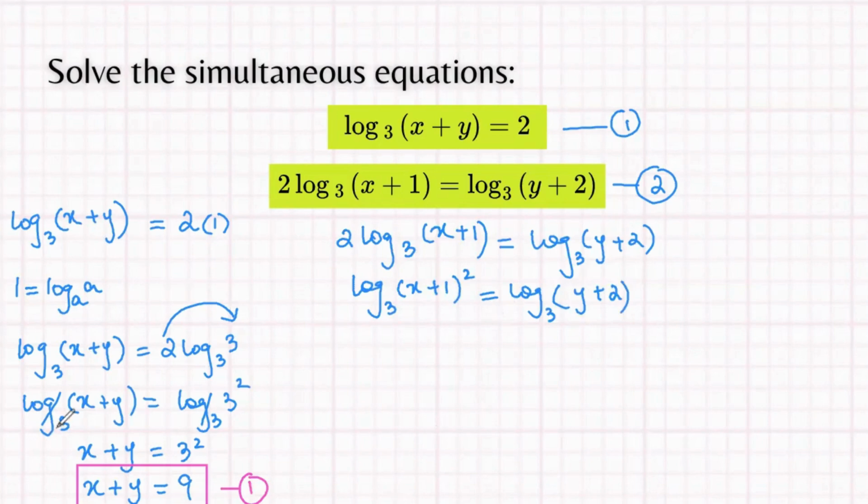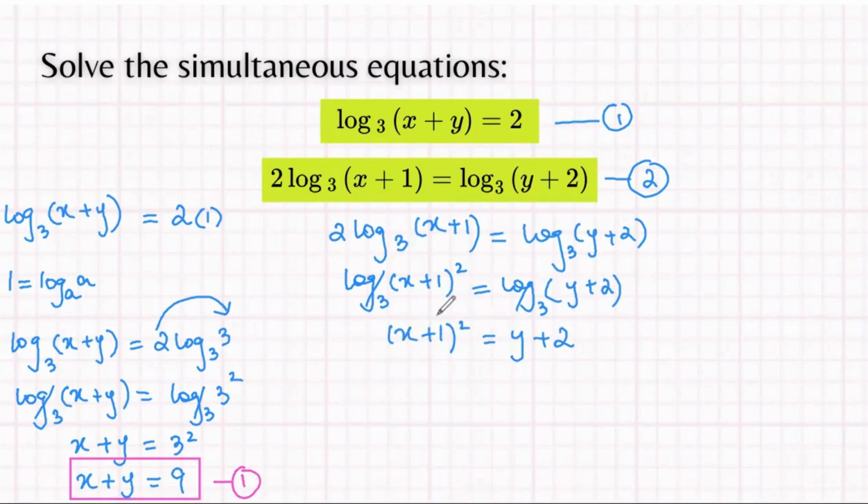Same thing, since the logs are separately present on both sides, we can cancel them out and we're left with x plus 1 whole squared equals y plus 2. Remember, when you're canceling out the logs, the bases are also getting canceled out. So x plus 1 whole squared equals y plus 2. This is your second equation.